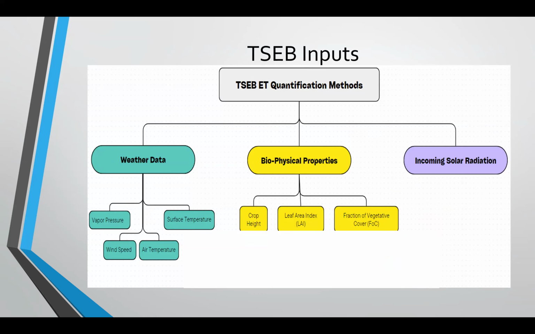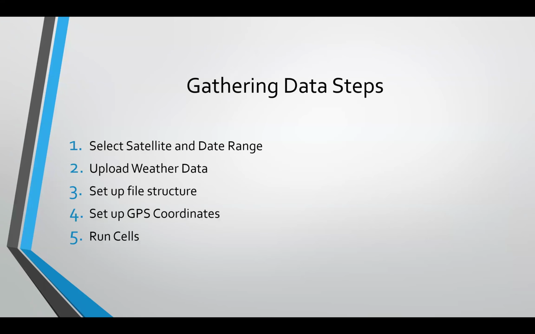What I wrote in JupyterHub was code to find the biophysical properties. The weather data, oftentimes you can get directly from a weather station. So it's these biophysical properties that are the most difficult to get after. I'll get into that in a second.